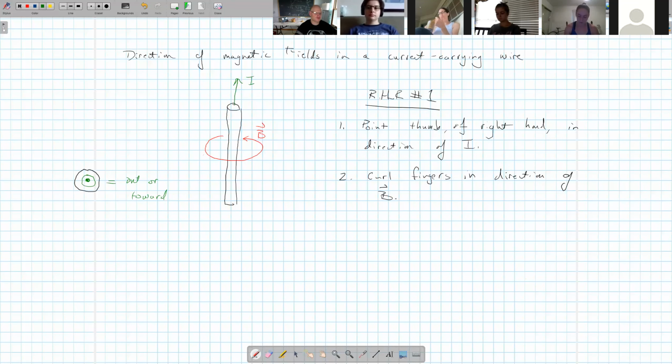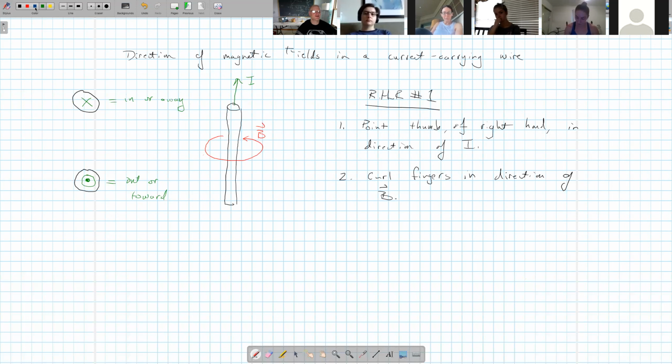As opposed to if I drew the wire and instead put an X into it, this would be equal to in or away from you. If you want to think about these as an arrow, in this case you see the tip of the arrow coming directly at you. In this case, you're seeing the quiver, where you're seeing the feathers moving away from you.